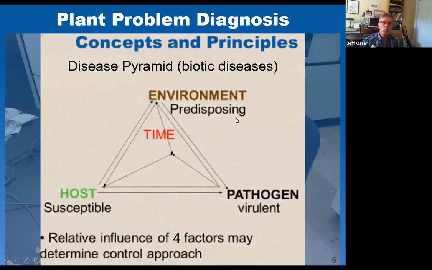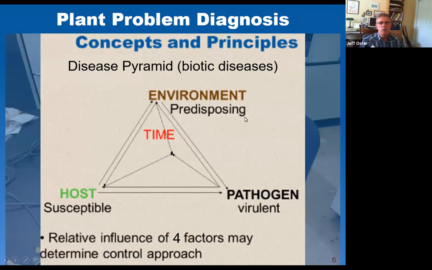So first, a couple of concepts and principles about biotic diseases, that is, diseases caused by living organisms living on another organism. Here is the disease pyramid. It describes that you have to have a susceptible host to have the disease. You have to have a virulent pathogen, in other words, a pathogen capable of causing disease, and the environment has to be predisposing.